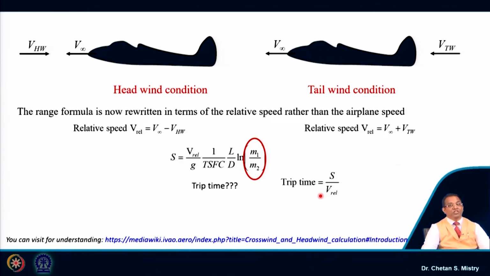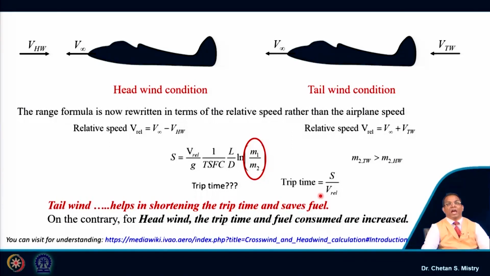That is my initial mass. m2 is my mass at the end of my cruise condition. If this is your scenario, my m2 will be greater for the tailwind condition compared to my headwind condition. In this case, you can say my trip will be shortened and it will increase the fuel economy, or it will save my fuel.